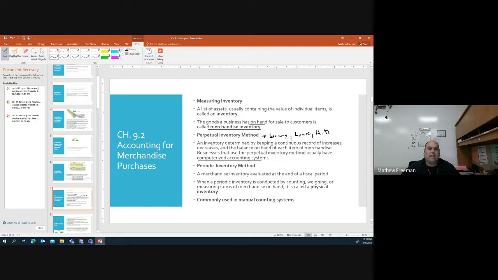Okay, so then you have your other style, which is considered the periodic inventory method. This one here is kind of what we touched on a little bit. This one here is what you're going to think of, actually, think of groceries.